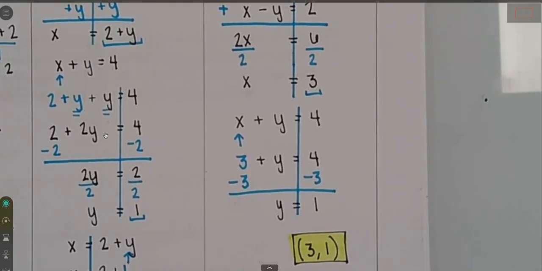I will put in these team scores. Let's see who won this unit.